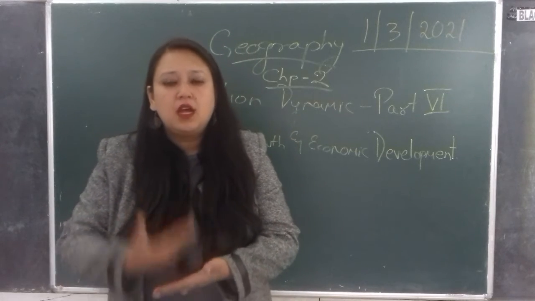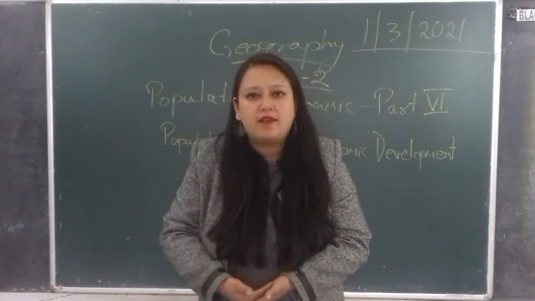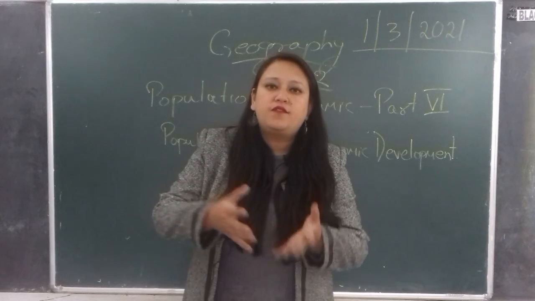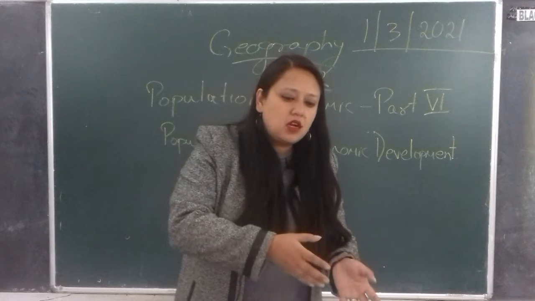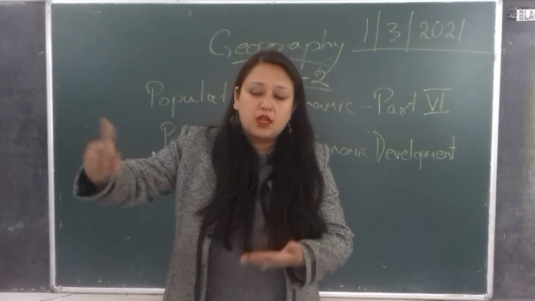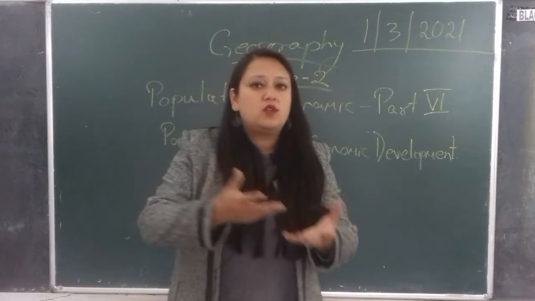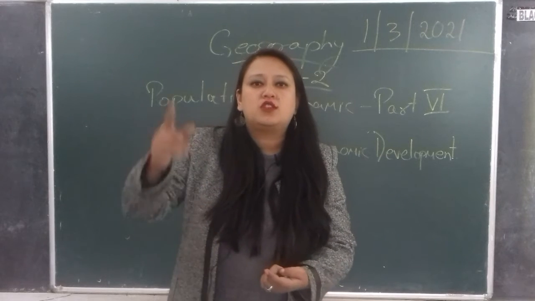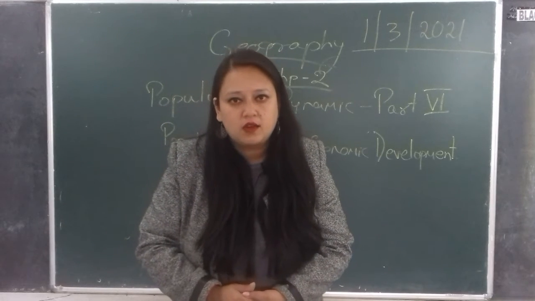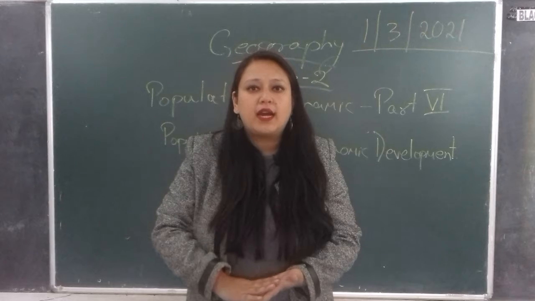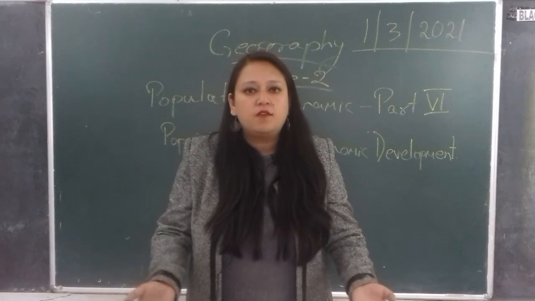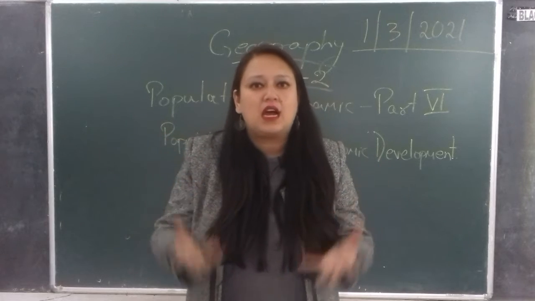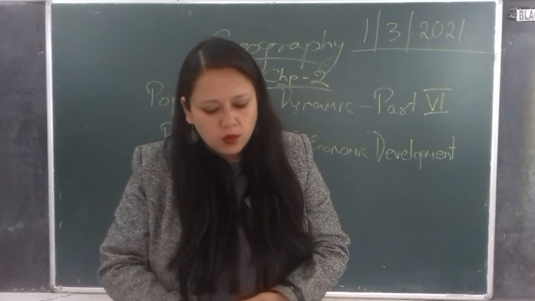For example, a country like South Africa, India, which falls under the category of developing countries. That means these countries are still developing, and in these countries the population is extremely high. Rank wise, India holds the second position worldwide in terms of population. It has the second largest population in the world.